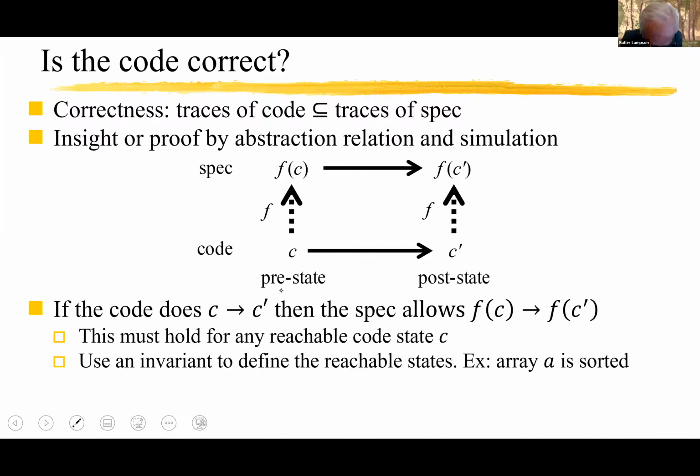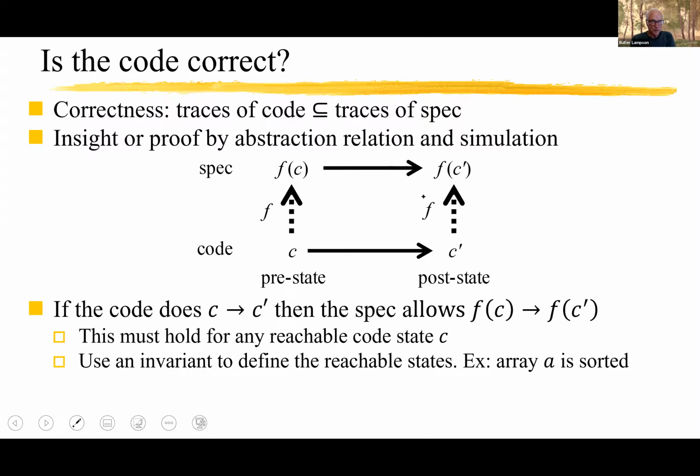What this diagram says is that whenever the code is in some state C, and it does the transition to some state C prime, then there has to be a function that maps C into f of C and C prime into f of C prime. And it has to be the case that the spec can make a transition from f of C to f of C prime.